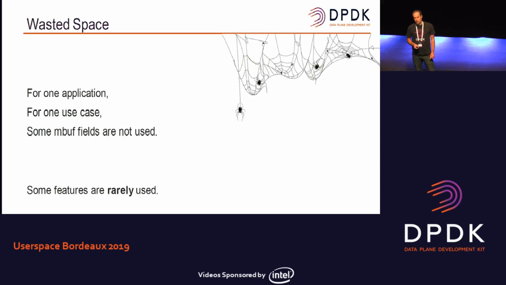And the first thing is that maybe there are some fields in the mbuf which are not so useful. But most important, you don't use all the fields at the same time. When you have one application, you have one use case, and this use case is not using all offload capabilities of the mbuf. Okay?